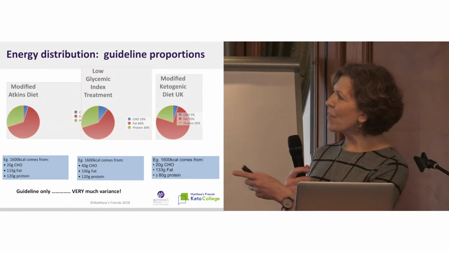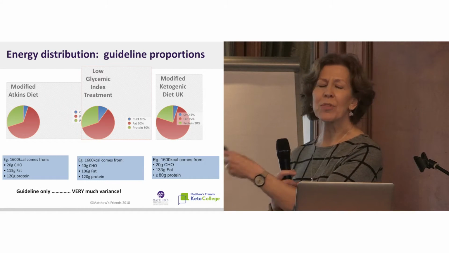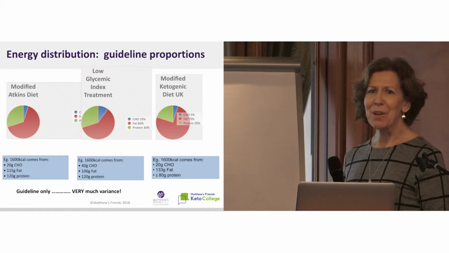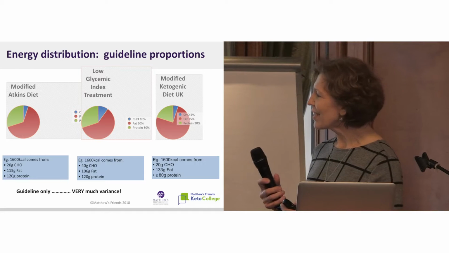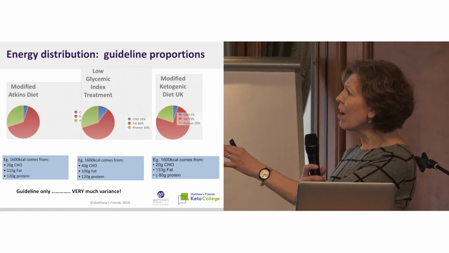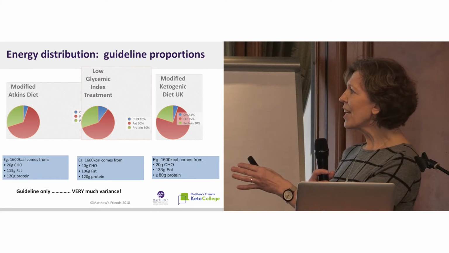Now, just looking at how that might work out on pie charts. Pie charts can be a little bit overwhelming when you've been through quite a lot of these things. But essentially, I think the differences to see here are that there are obviously subtle differences in the fat content.